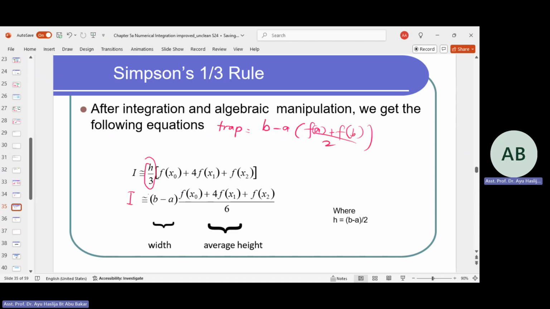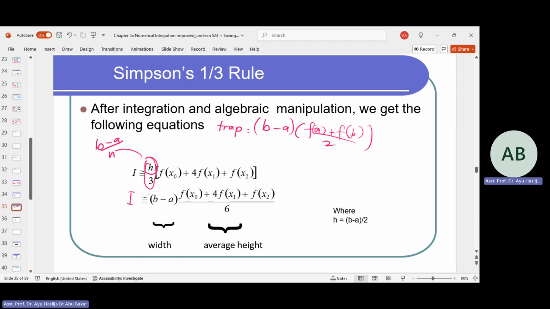That one is the single application for trapezoid. But for Simpson 1/3, notice the difference: H over 3. Remember, H is B minus A over N. Always like that.